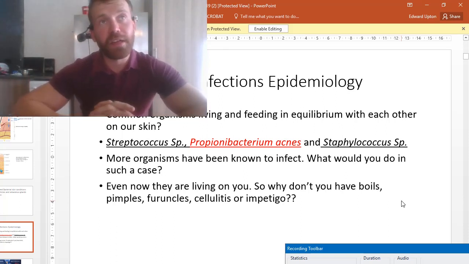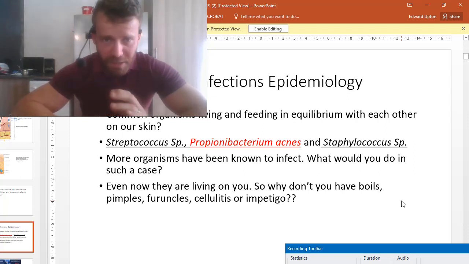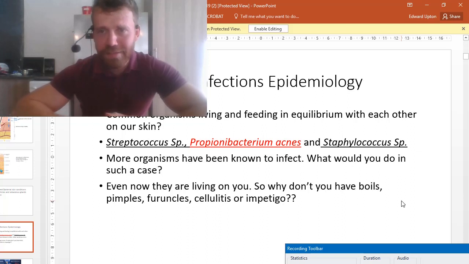Firstly, you have to actually understand that we have bacteria living on our skin at all times. So the most common ones that we have living on our skin are Streptococcus pyogenes, even Strep pneumoniae, and just think about all Streptococcus. Propionibacterium acnes we also have living on our skin, and Staphylococcus aureus and Staphylococcus epidermidis, etc. So think about Streptococcus, think about Propionibacterium acnes, and think about Staphylococcus.